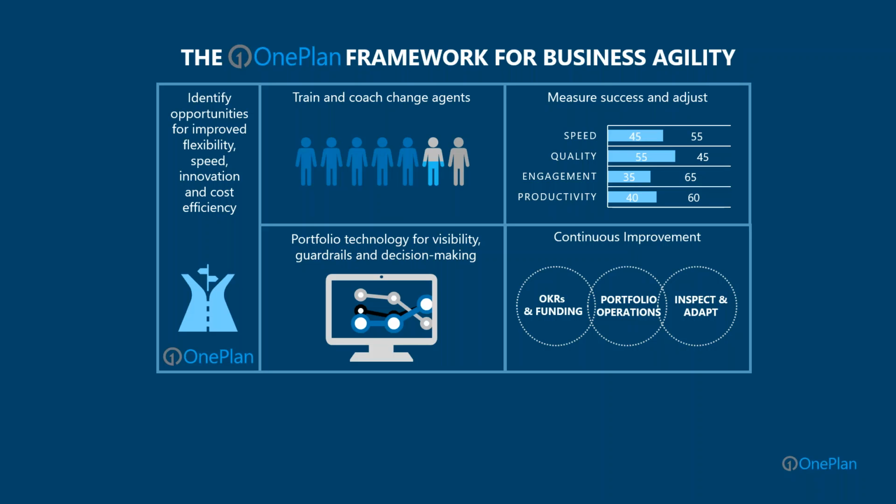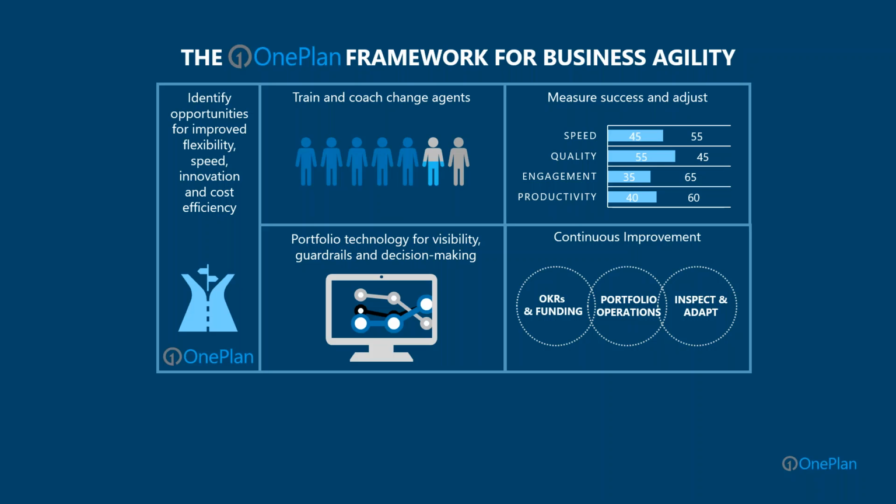At One Plan, we also have technology for business agility, and that enables you to have all of these visualizations and connect up your processes, and avoid people having to drown in spreadsheets, which not only waste a lot of time, but prevent you from getting the big picture.